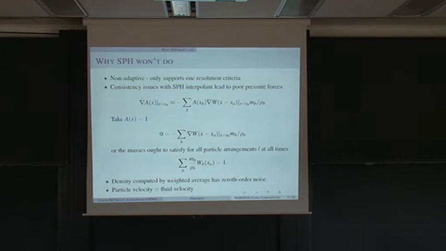If the particle positions, the x's here, don't exactly satisfy this, that sum will be not equal to 1, and you'll have finite amplitude wiggles in all your representations of functions, which feeds into things like the representation of pressure. But it can also feed into density, which can cause issues with things like the growth of thermal instability from density perturbations.